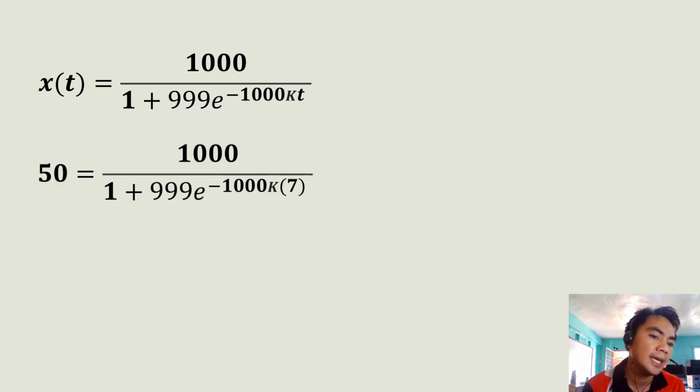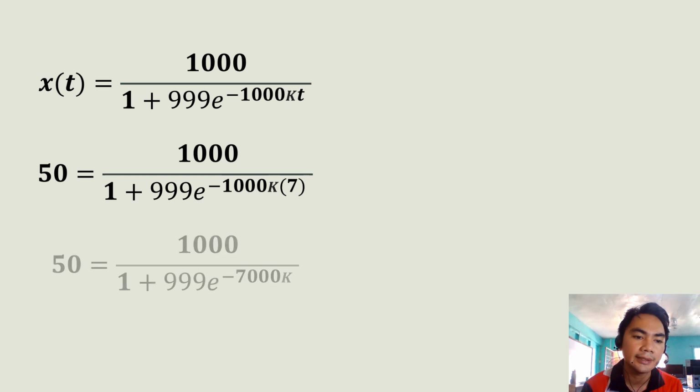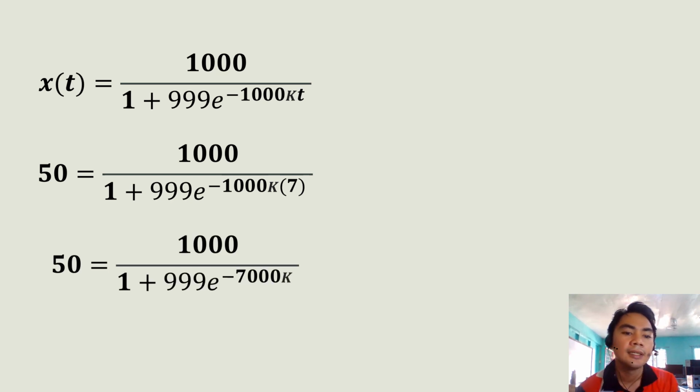So, we have 50 contracted students is equal to 1000 all over 1 plus 999 e raised to negative 1000k times 7. Now let's multiply the denominator and simplify. So we have 50 is equal to 1000 all over 1 plus 999 e raised to negative 7000k.